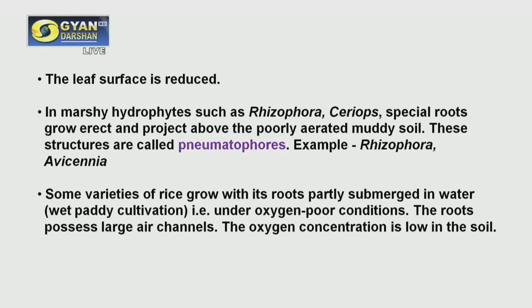That is the roots project above the soil surface, and then they absorb certain nutrients and certain ions needed urgently by the plant. So pneumatophores, like Rhizophora, Avicennia, these are all examples of halophytes. So even in halophytes or marsh plants you will find this kind of pneumatophores.